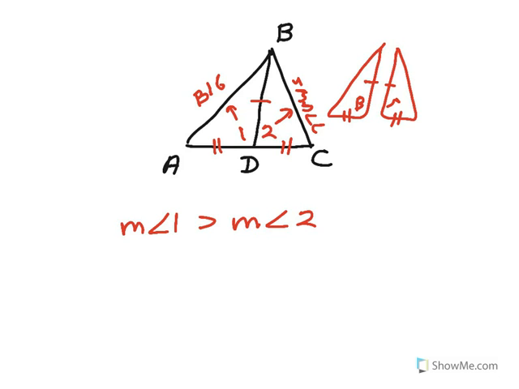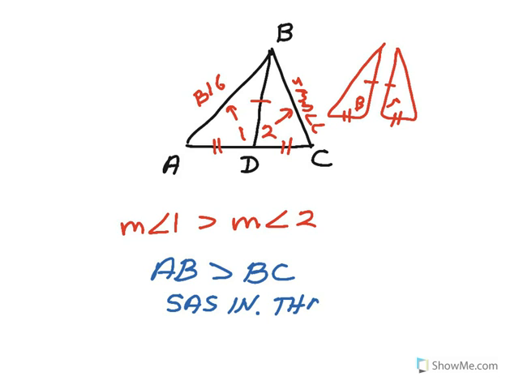So I can conclude that side AB must be longer than side BC by the side-angle-side inequality theorem. And the reason is, just to restate that, the bigger side is opposite the bigger included angle than the smaller side, and the smaller side is opposite the smaller included angle.